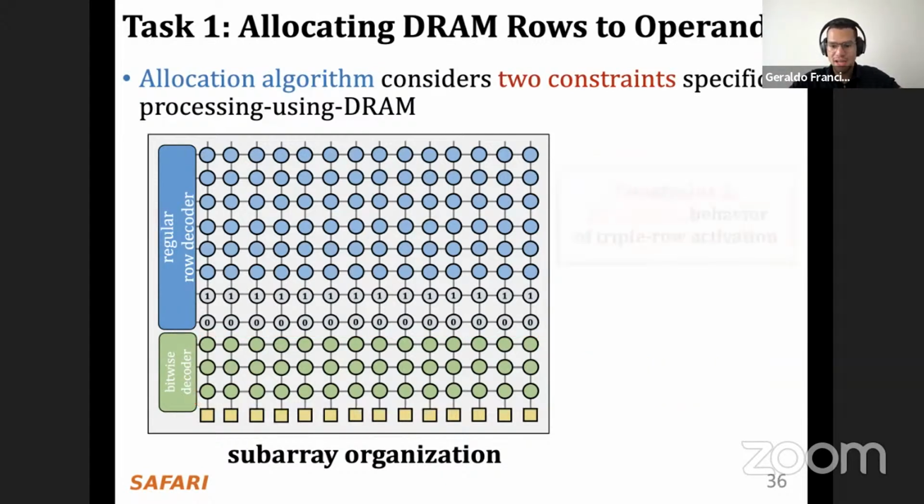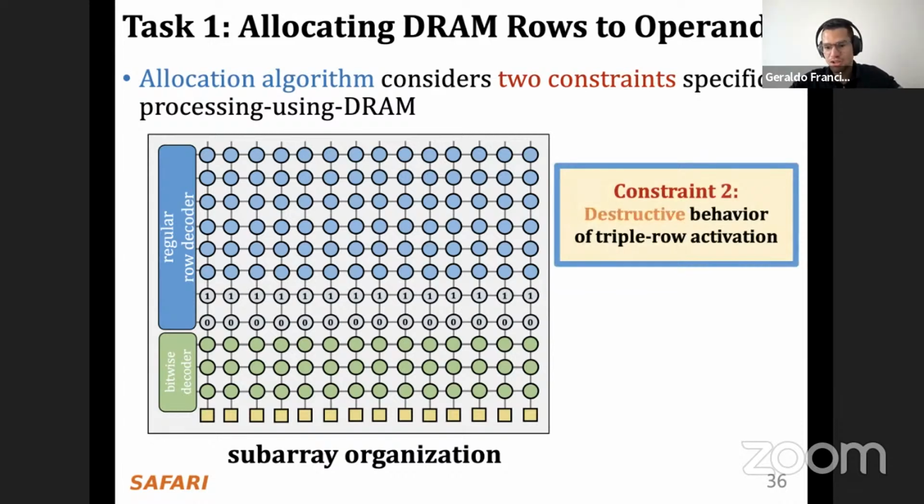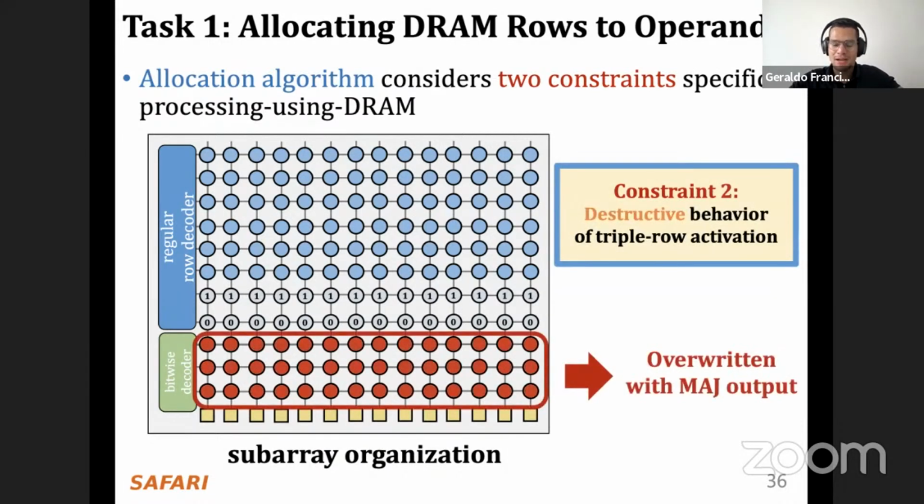The second constraint is that when you perform the majority operation in DRAM, we are destroying, or overwriting, the input rows with the result value of the majority operation. So majority operations in DRAM have a destructive behavior, and this also needs to be taken into account when you are allocating DRAM rows to operands.